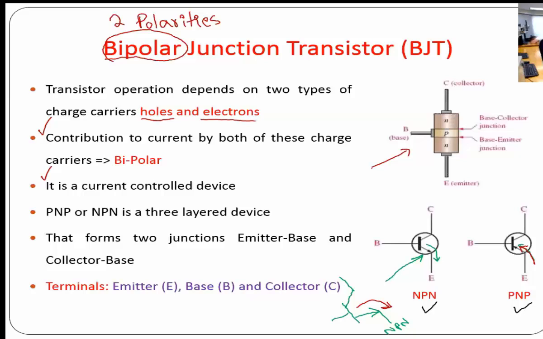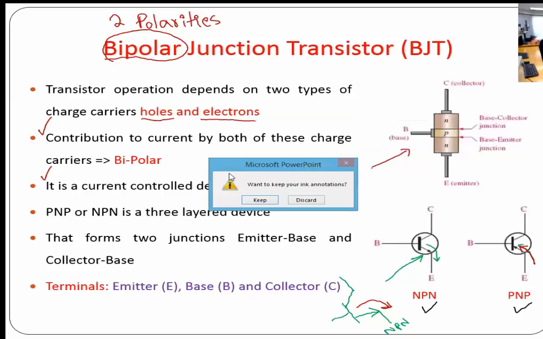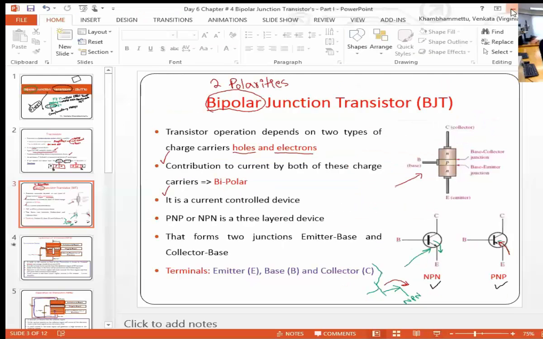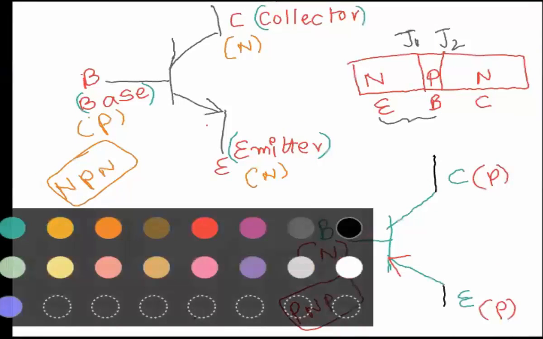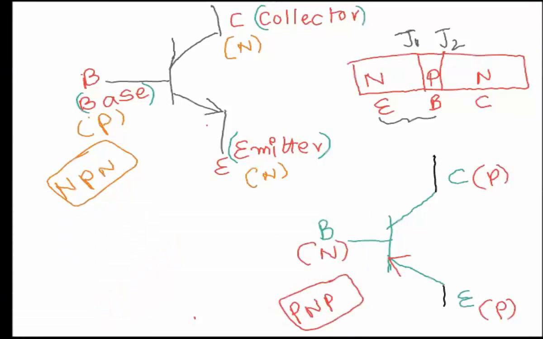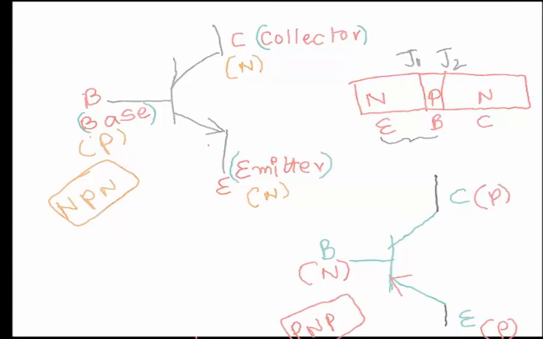If you observe the direction of the arrow right here, why is this arrow on the NPN pointing outside? This is the actual path of the current from collector to the emitter. And for the PNP, the current direction will be like that.